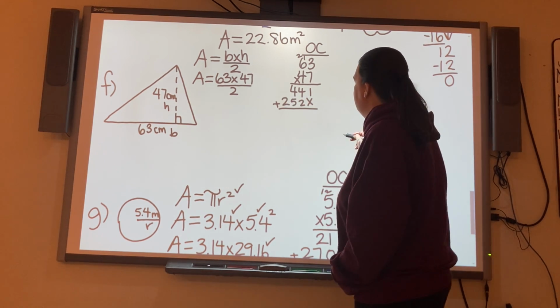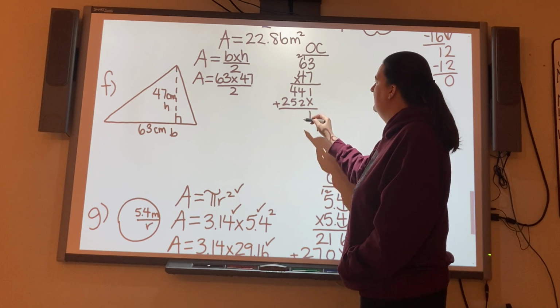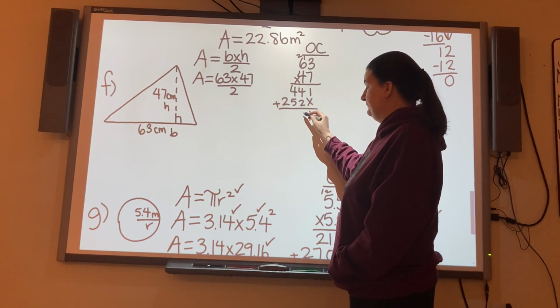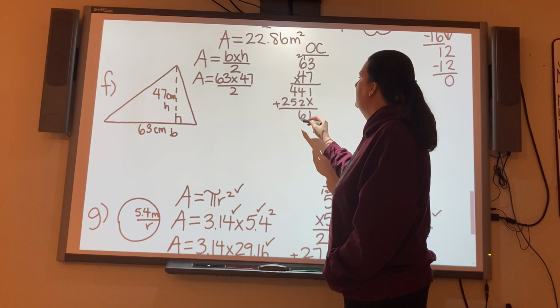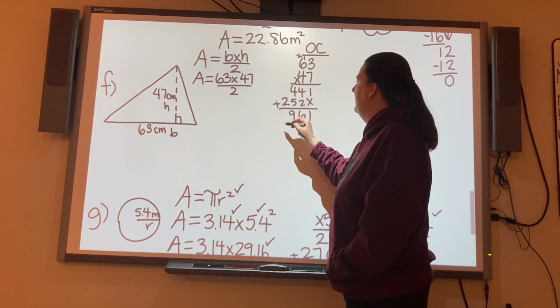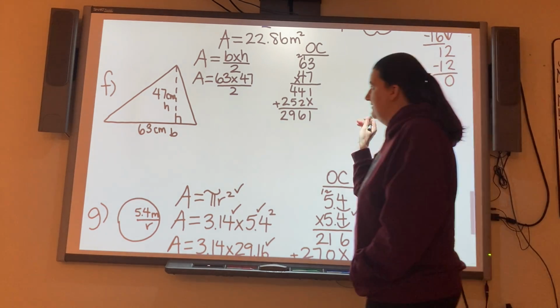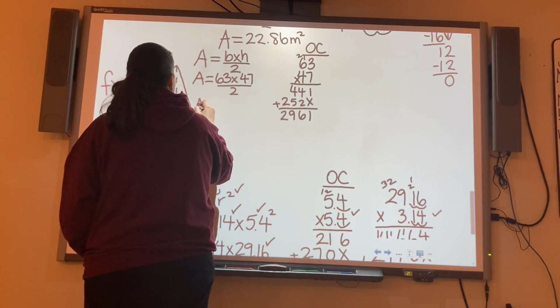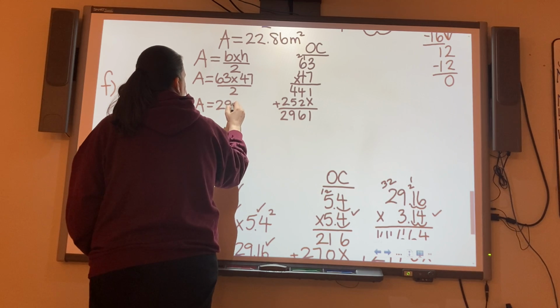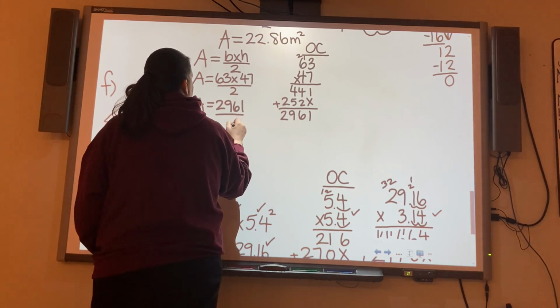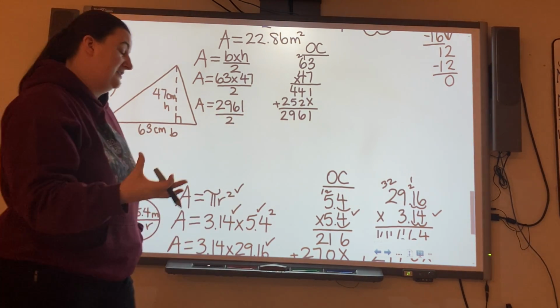Add up your answer lines. 1 plus nothing is 1, 4 plus 2 is 6, 4 plus 5 is 9, and 2 plus nothing is 2. No decimal spots. Area equals 2,961 divided by 2. So I still have to do my divide.